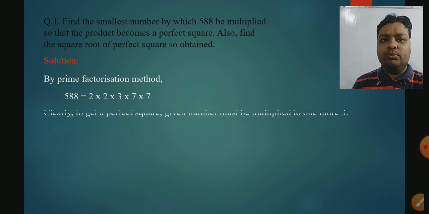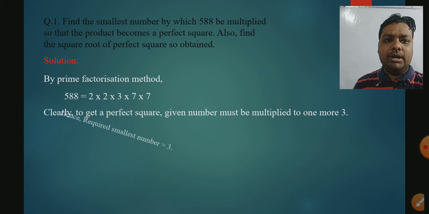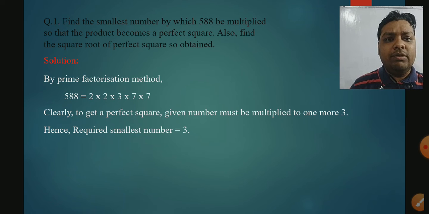So clearly, to get a perfect square the given number must be multiplied by one more 3. So the required least number will be 3.